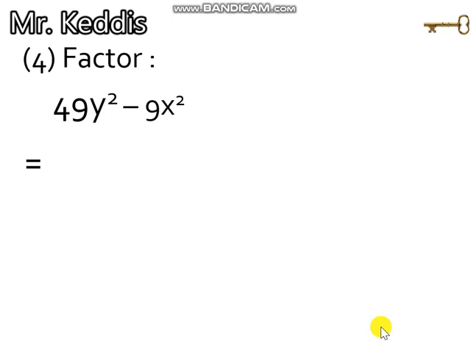To factor 49y squared minus 9x squared, 49 means 7 squared, so 7 squared y squared minus 3 squared x squared.